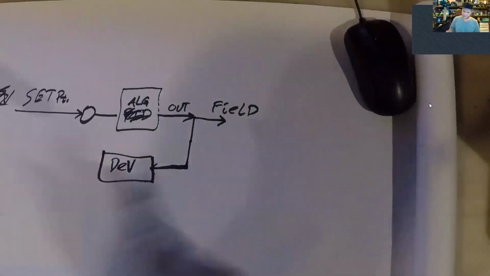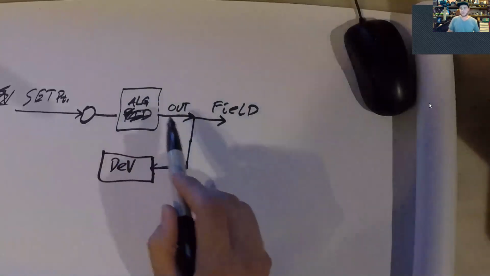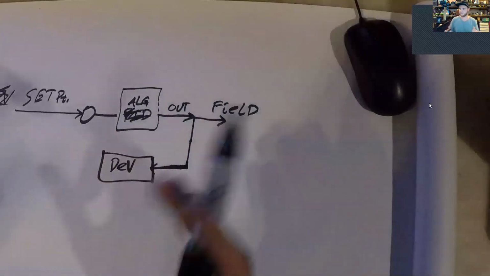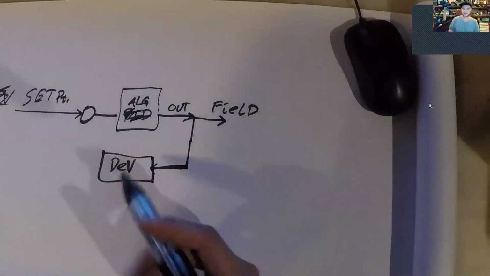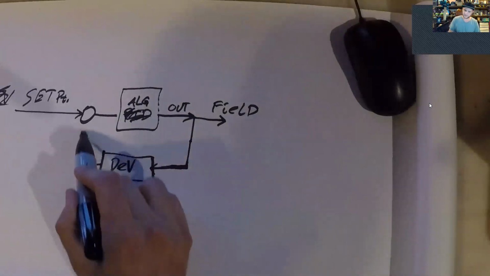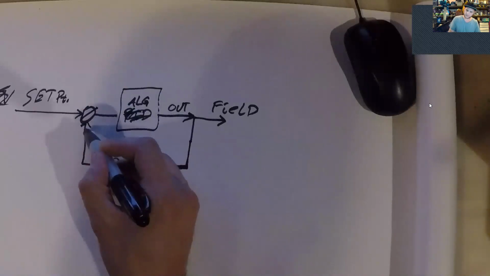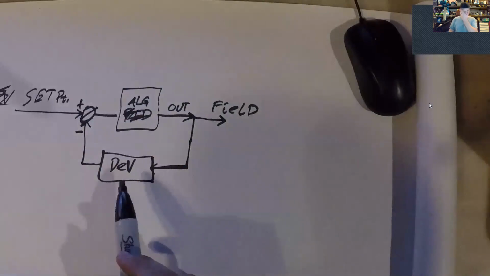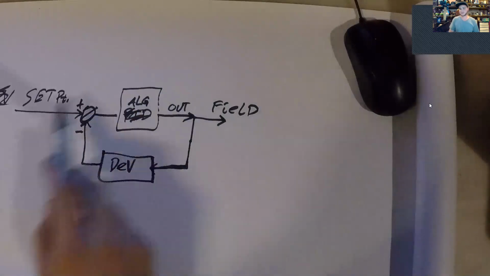So this is your difference between your desired process variable value and your measured process variable value, okay? And so this goes up here, and I think the convention is this is negative and this is positive. So you subtract this deviation from your set point, and then that goes through the algorithm, and that produces your output, and this is your control loop.